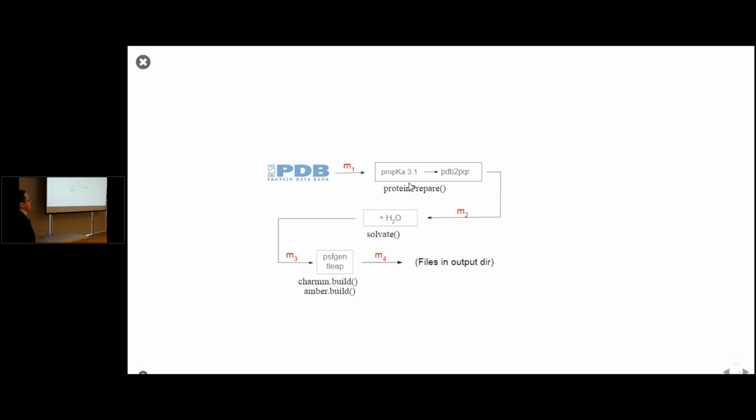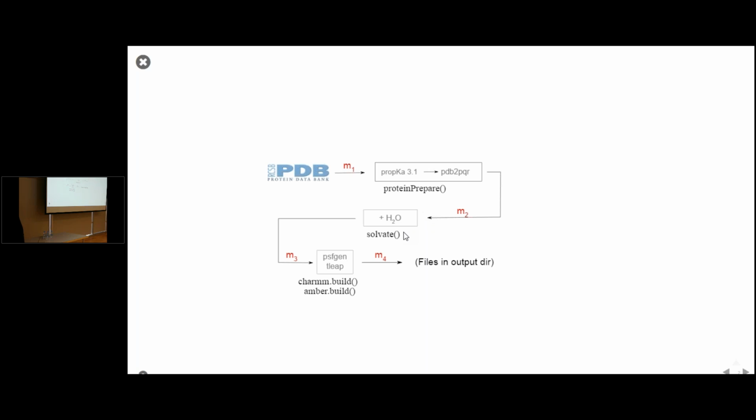Inside it contains calls which we don't deal with directly because it's all dealt with automatically: first the assigning of titration states, which is done by PROPKA 3.1, and then the optimization of the hydrogen bonding network and the protonation, which is done by the PDB2PQR software. From that, you get a protein which has complete residues, so to speak. So all the hydrogens are there, and so on.